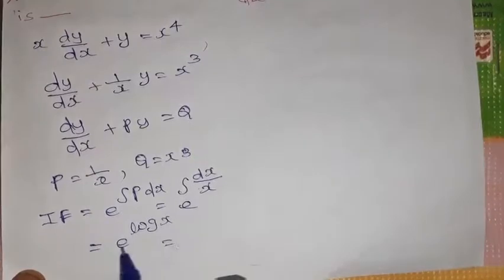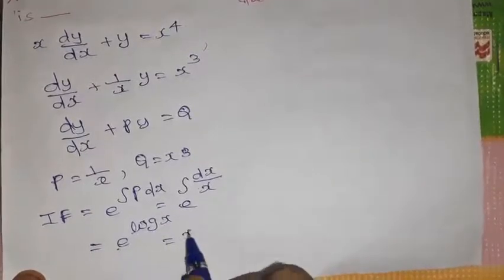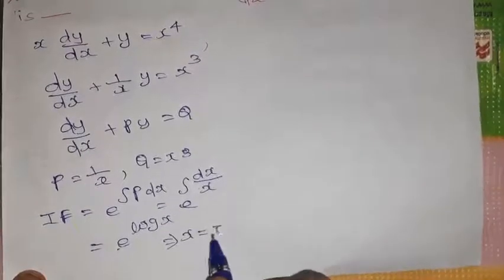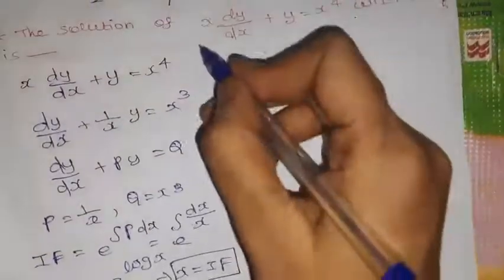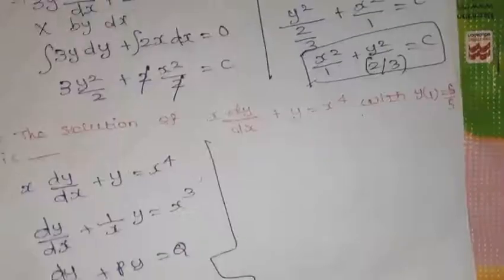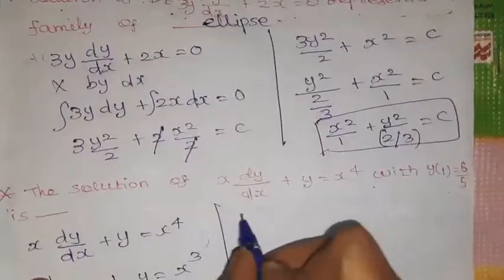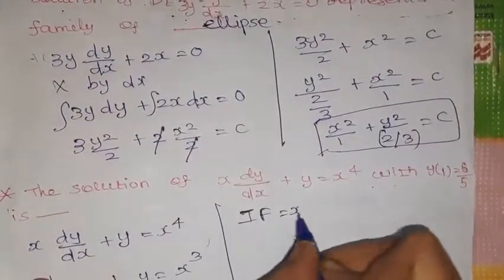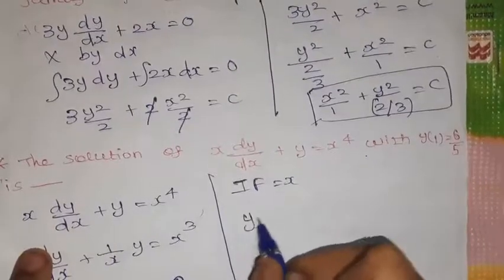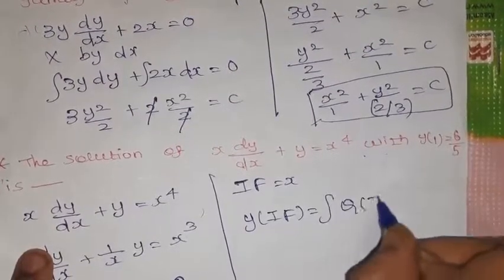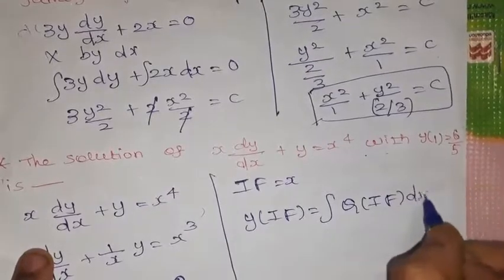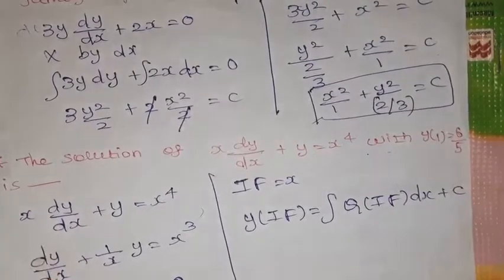Whenever taking logarithm, the e and the log get cancelled. So the integrating factor equals x. Then what is the solution? y into integrating factor equals integral q into integrating factor dx plus c. This is the solution for this type.